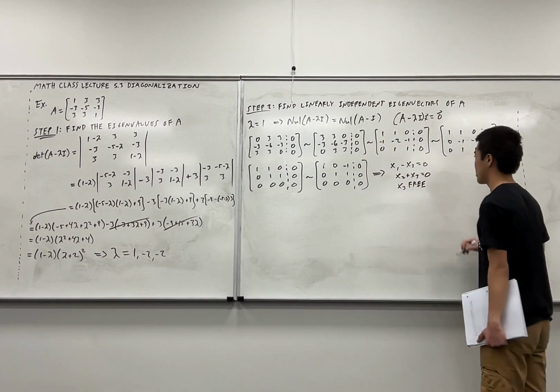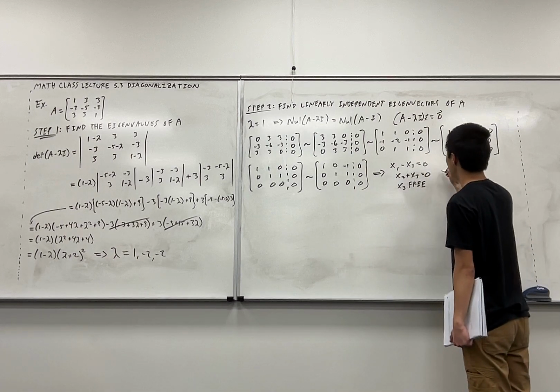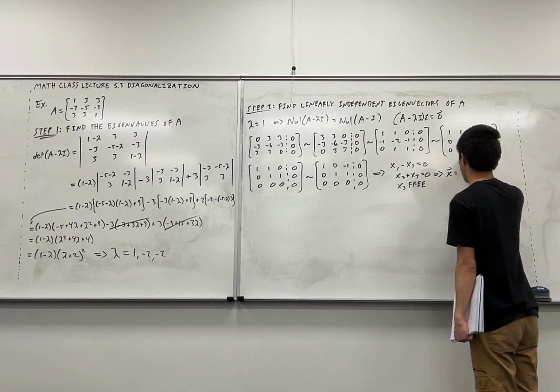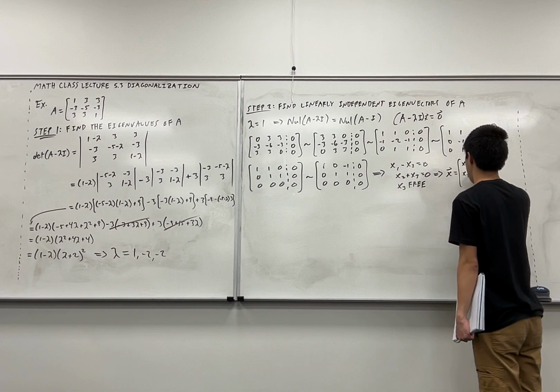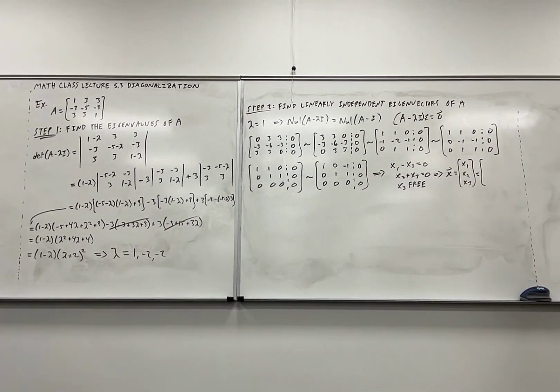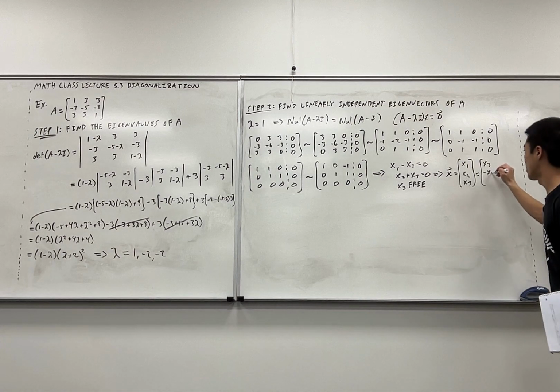Free. He's very, very free. Which tells me that I can write my vector x as x1, x2, x3, which is what? X3. And then minus x3, and then 1.